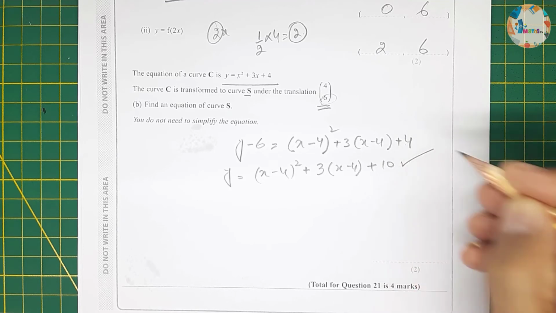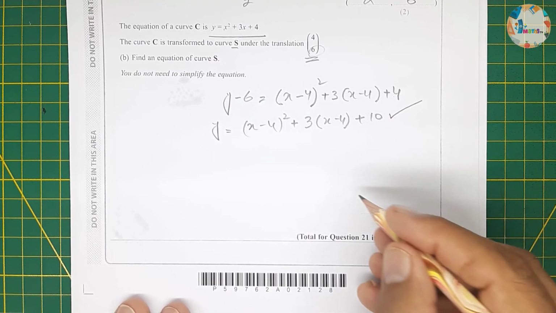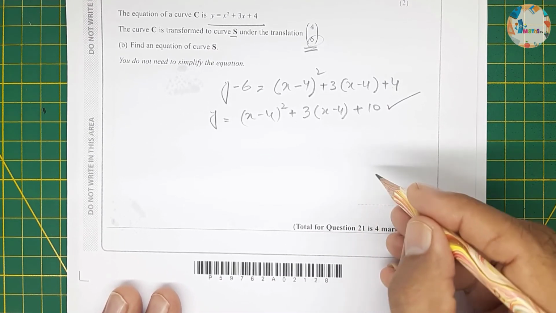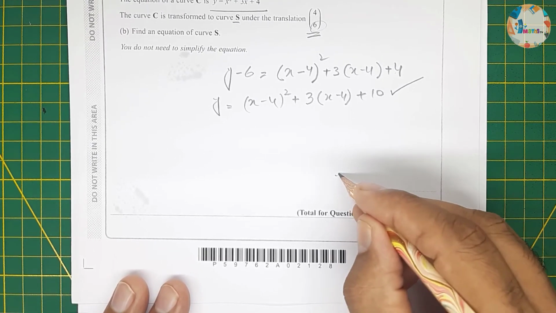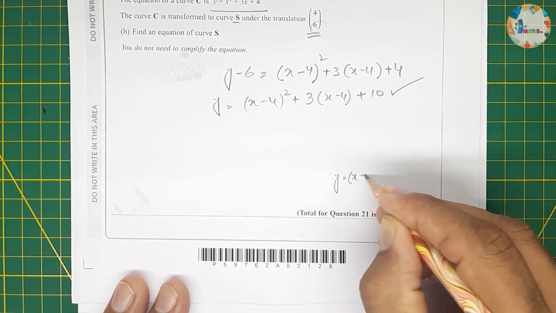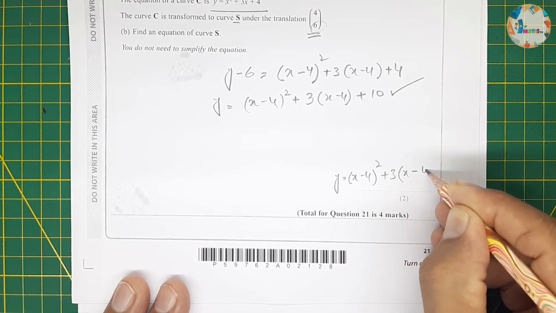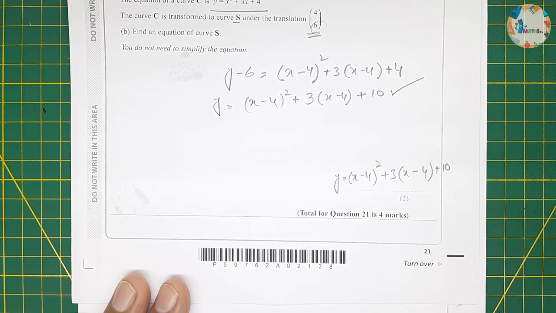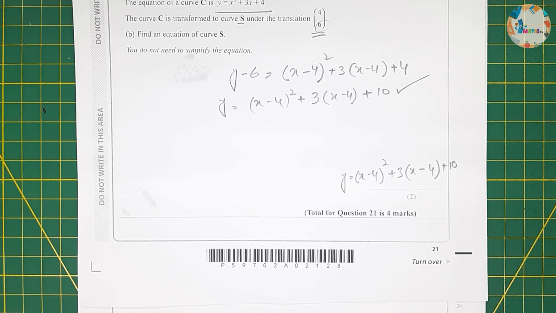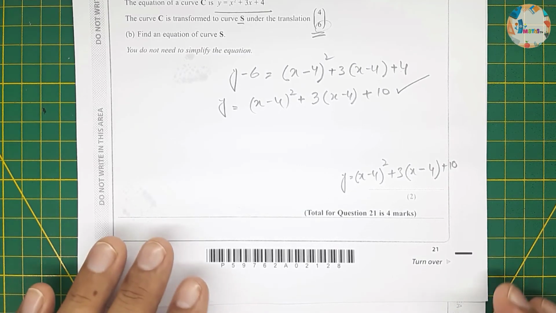We can write here the equation of S: y is equal to x minus 4 squared plus 3 into x minus 4 plus 10. This will be the equation required.